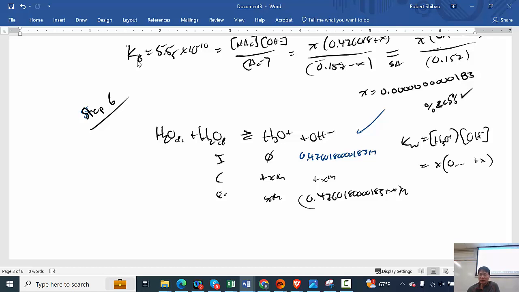Do you think the simplifying assumption should work here? Yeah. We'll just use that, and then we're going to get X is equal to Kw, 1.0 times 10 to the minus 14, divided by 0.4760180000183.